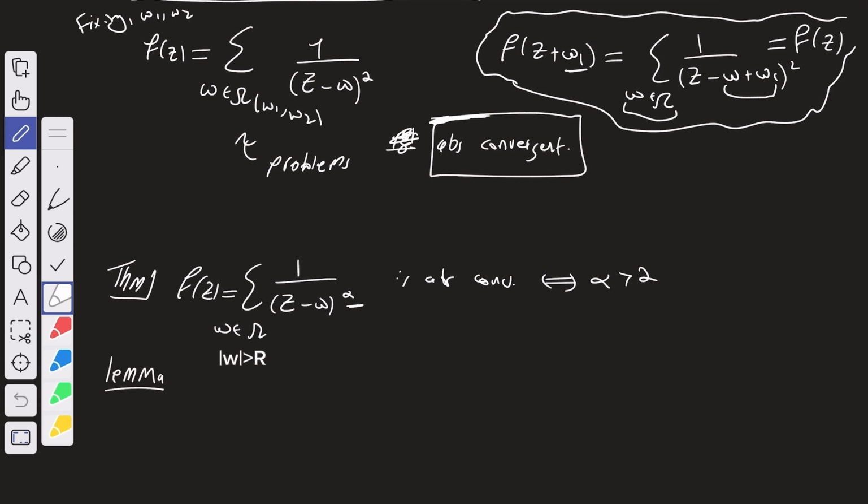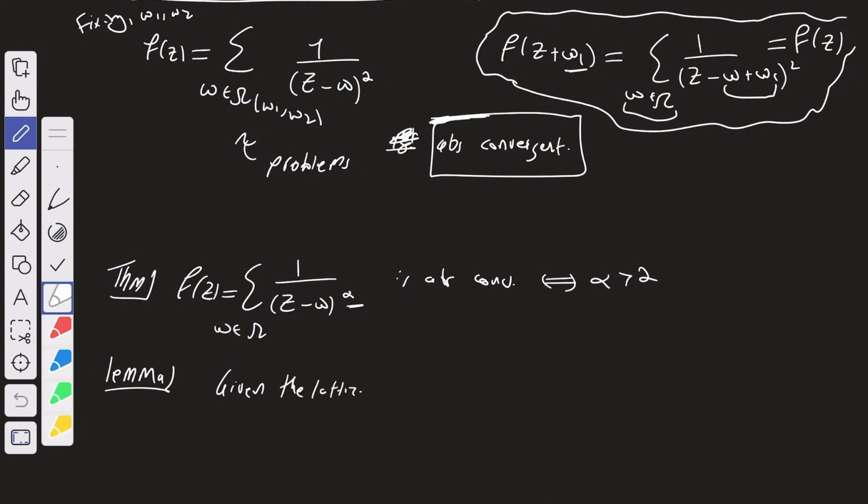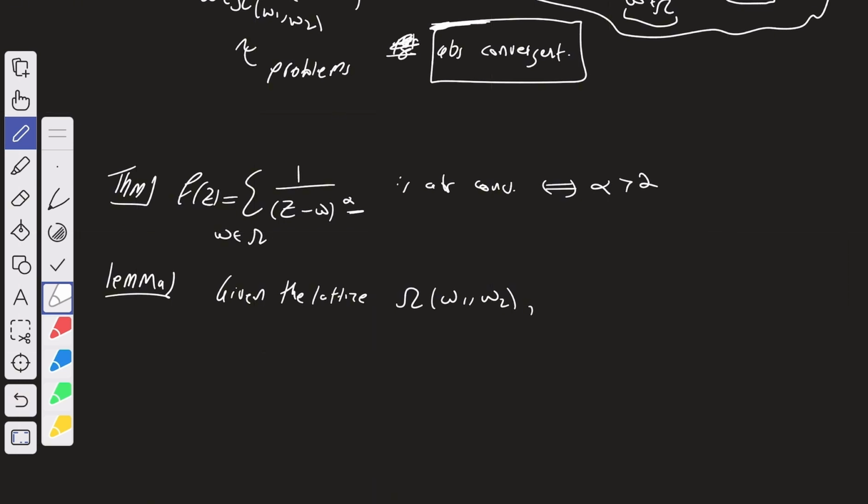The lemma says that given the lattice big omega of omega 1, omega 2, with these being linearly independent over R, consider the sum of 1 over omega to the alpha, as omega ranges over all the non-zero periods.